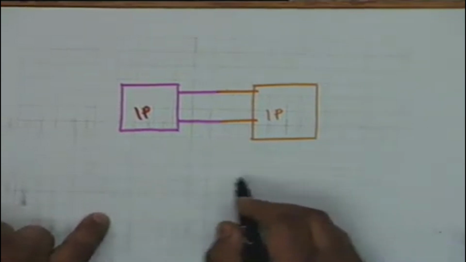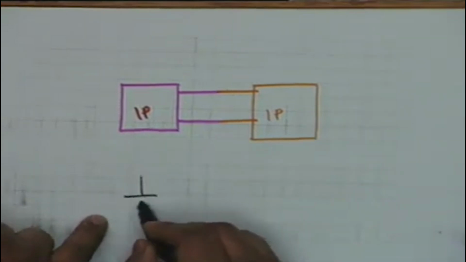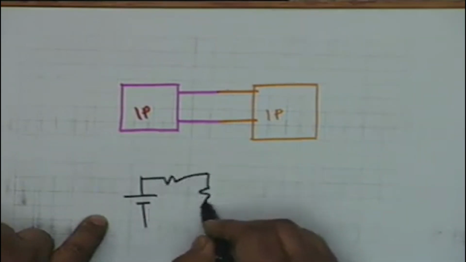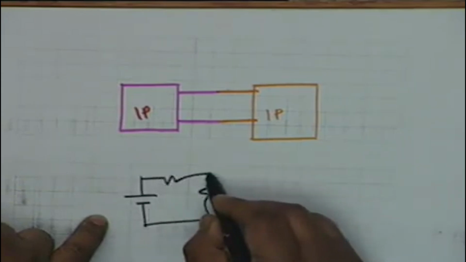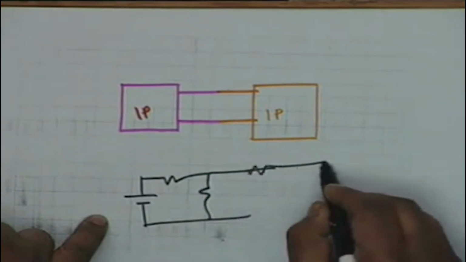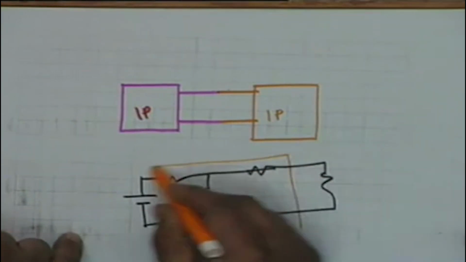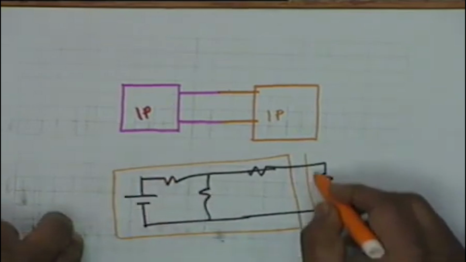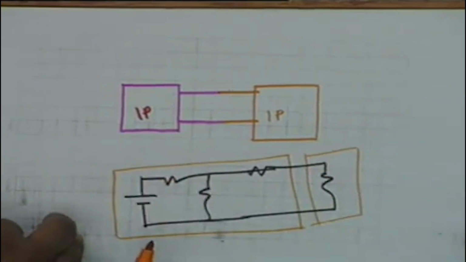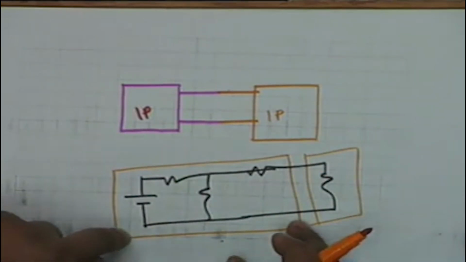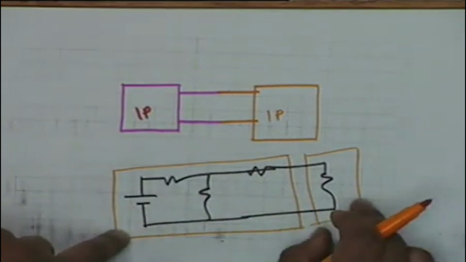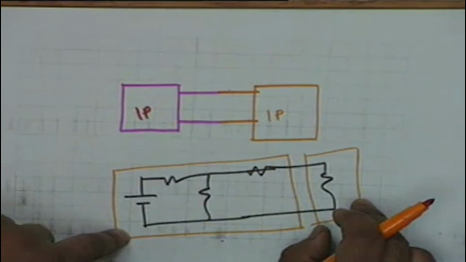But suppose I have, let us say, the same network that I had drawn. Okay, if this is my first one port and this is my second one port, obviously the left one is the driver, the right one is the load. All right.